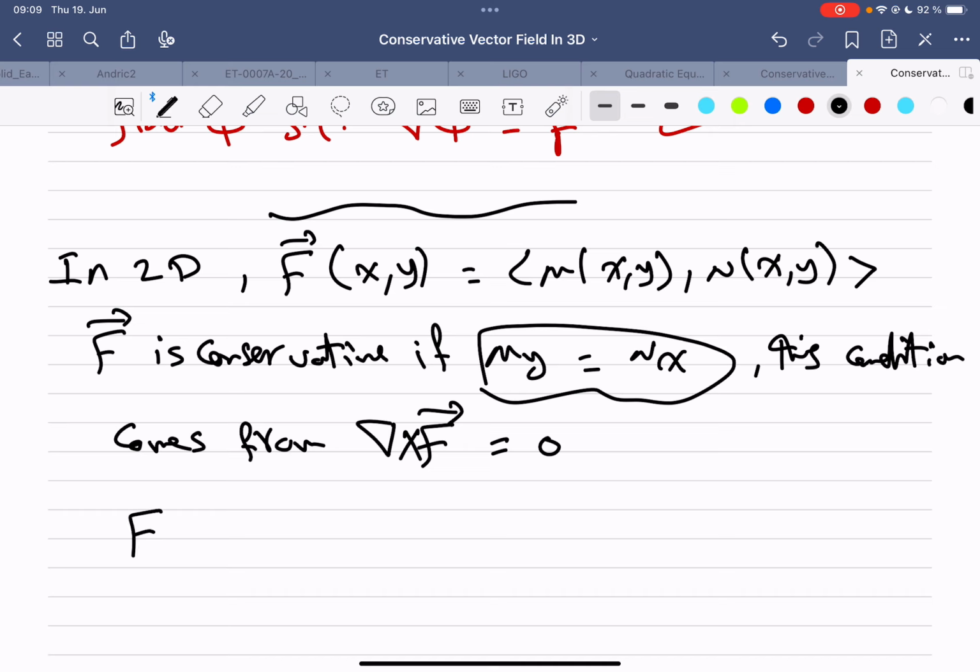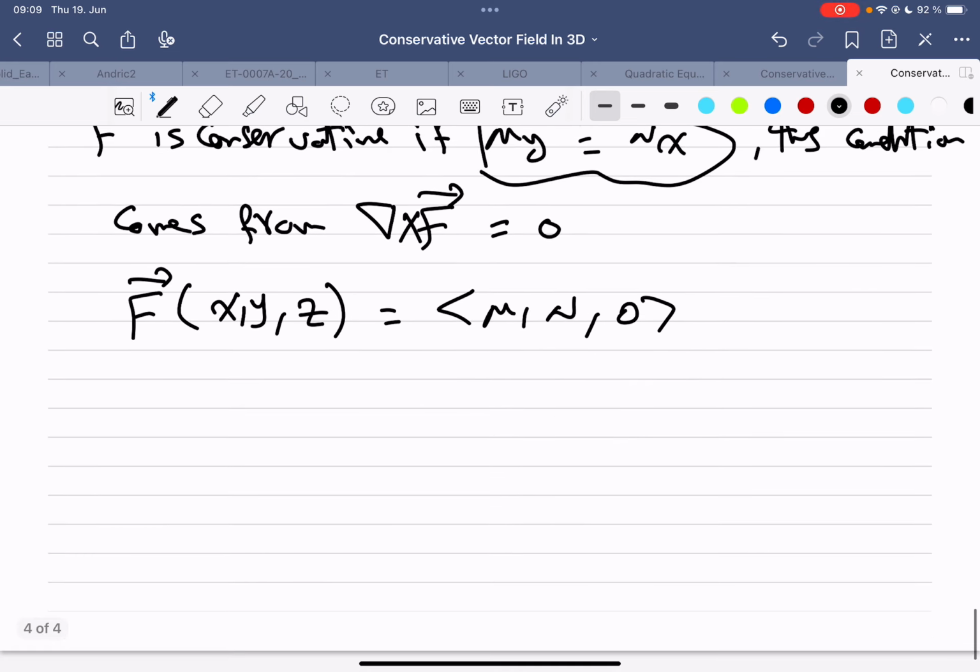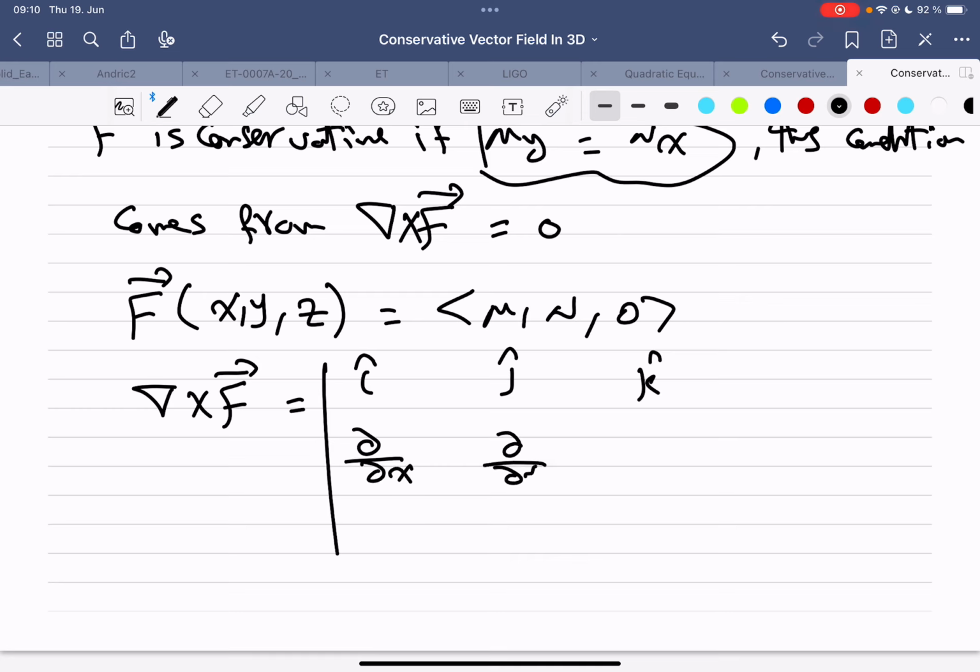So f of x y z will be m and n and 0. So if you apply here, curl of f will be equal to the determinant of i, j, k, d by dx, d by dy, d by dz, m, n, 0.